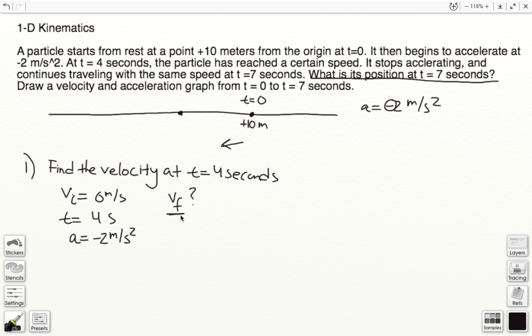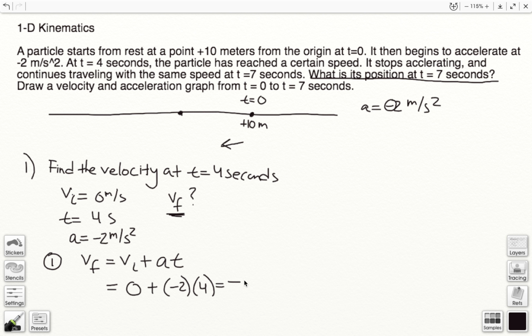To find my v final, I can use v final equals v initial plus acceleration times time. This is one of our kinematics equations. We know that the initial velocity is 0, our acceleration is -2, and time is 4.